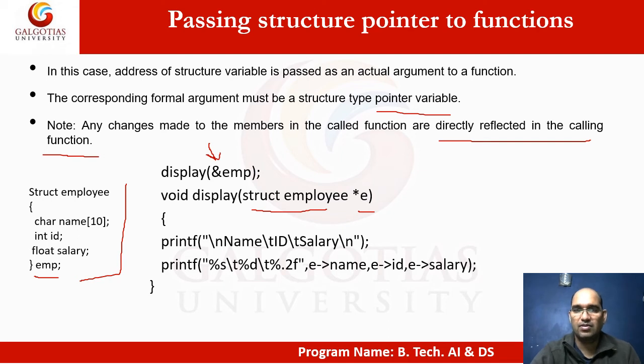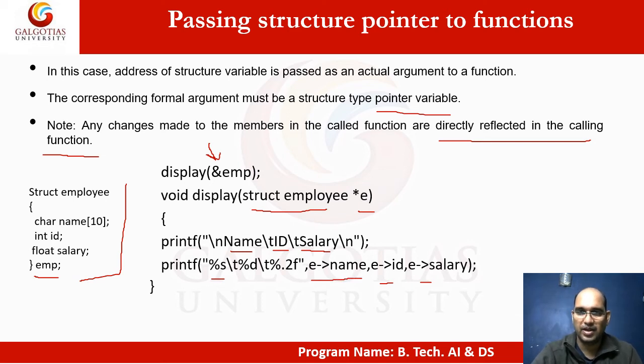I have told you how you can access the members of a structure when we are using a pointer. In place of the dot, you have to use the arrow operator. So for name, ID and salary: in %s you use e arrow name, in place of dot you use arrow.